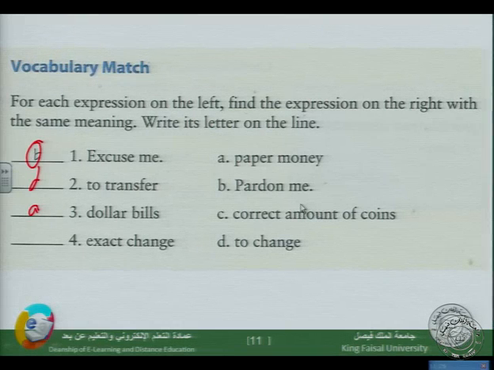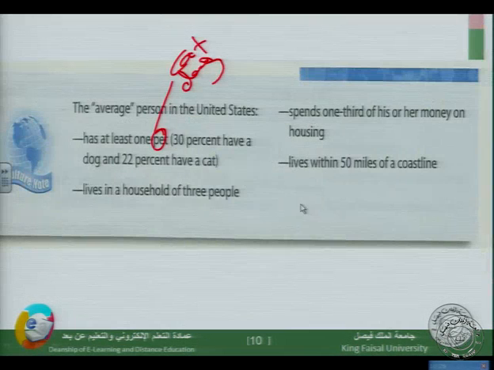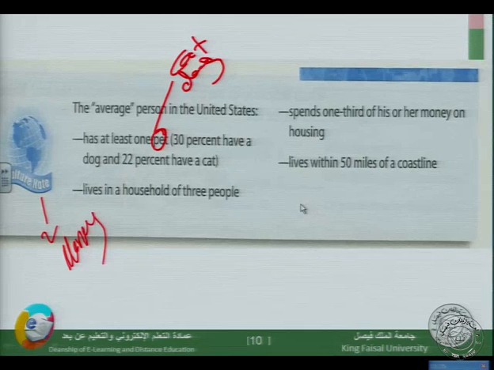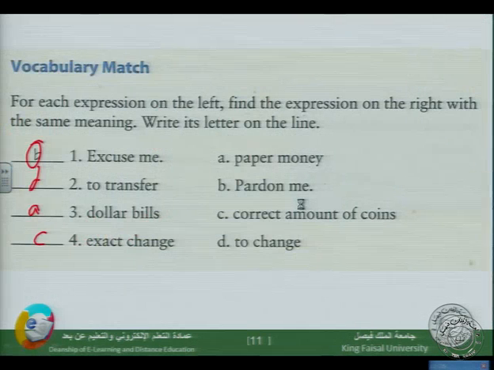And exact change means correct amount of coins. So here we are moving on, because we were talking about money. Actually, this culture note was talking basically about money and consuming money, right? So you will find these words important to know.